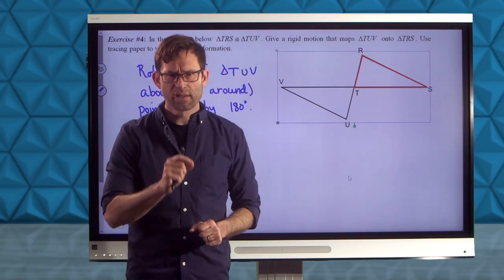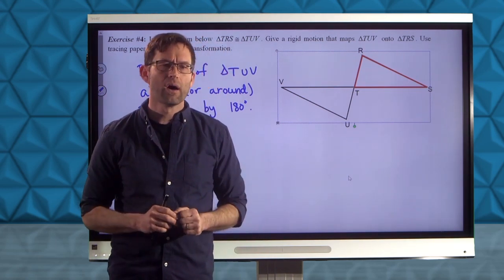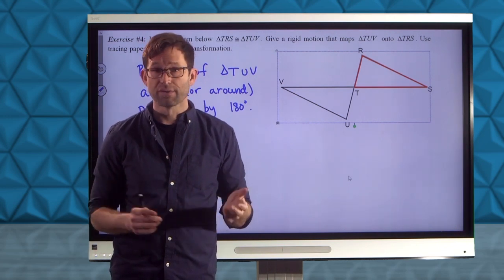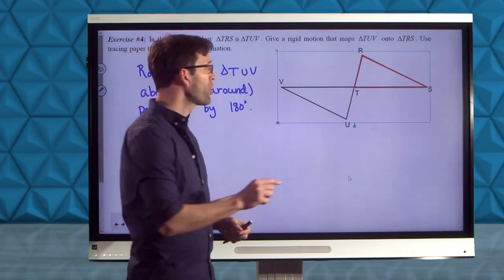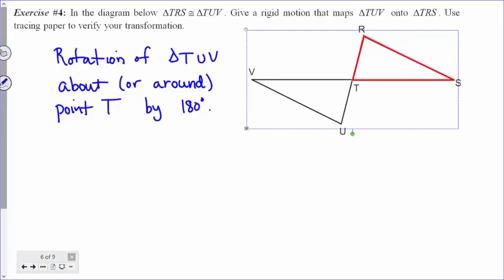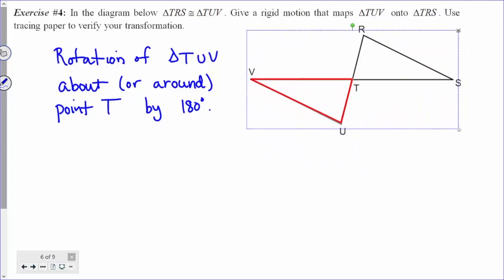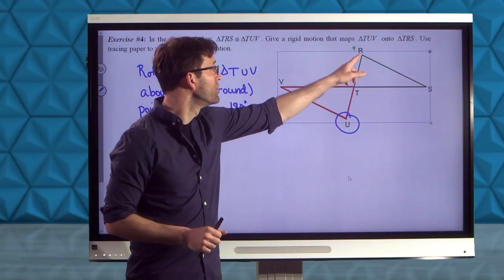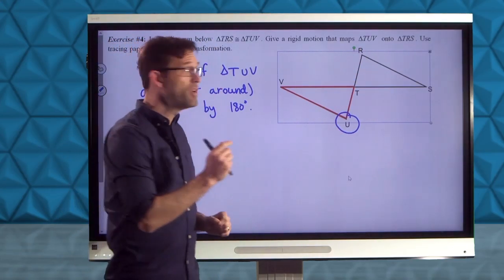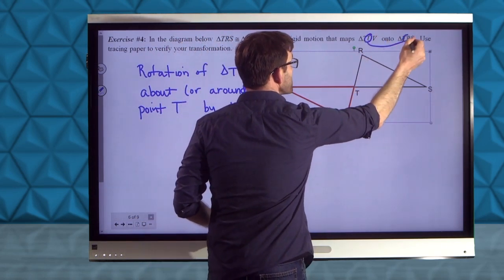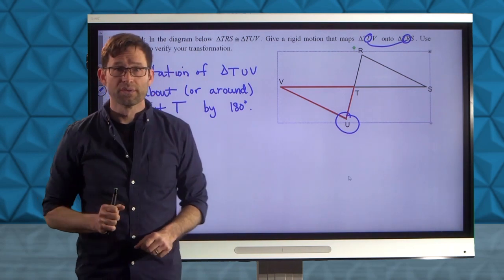Now, as a little side note, how do I know it's 180 degrees? How do I know that it's not 60 degrees or 90 degrees or something like that? That's an important question. So let's go back to that really quickly. Pay attention just for a minute to this one point, to point U. I want point U to get mapped up to point R. I know that right away because U and R are in the same place in that congruence statement.